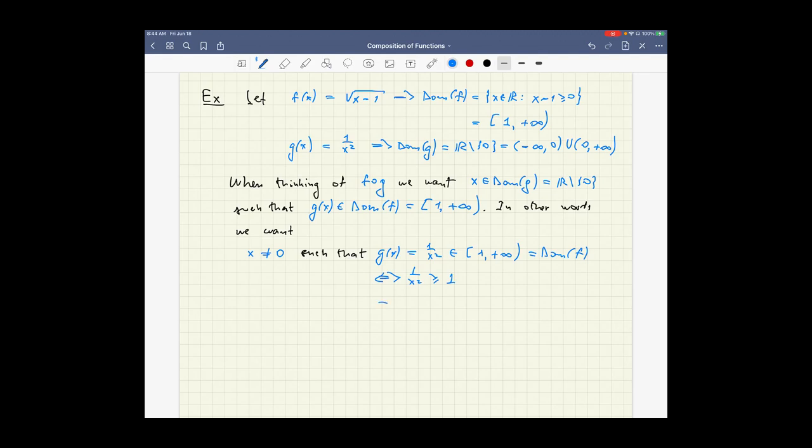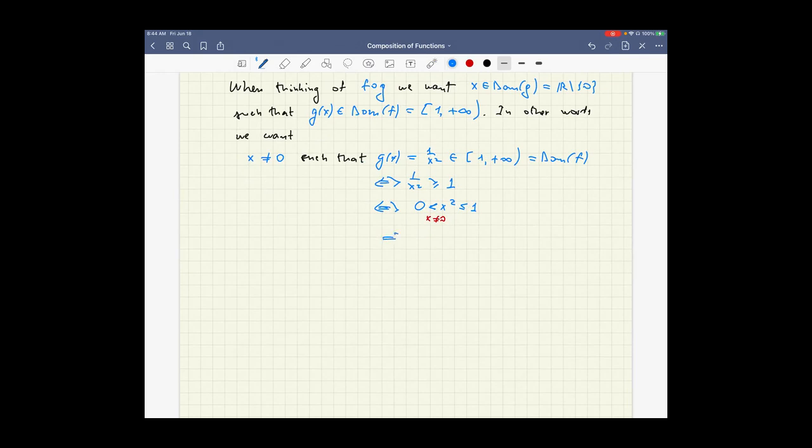This inequality is equivalent to x squared being less or equal than 1 and strictly greater than 0. This simply means that x is not 0. Right? X squared is always non-negative, and saying that x squared is strictly positive simply means that x is non-zero.